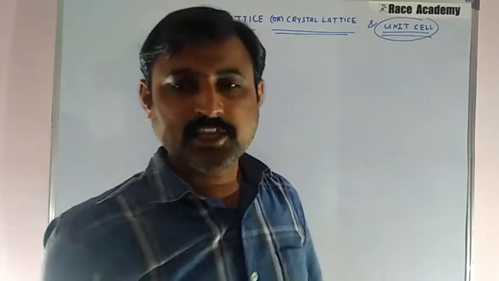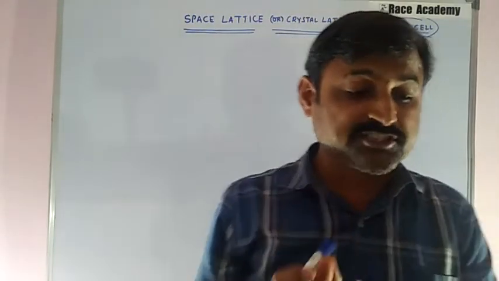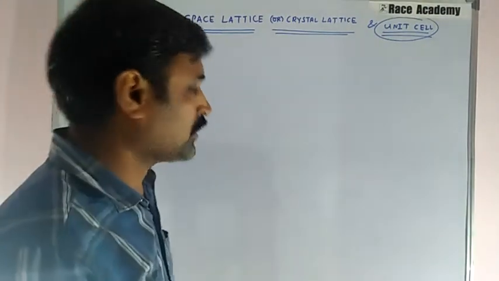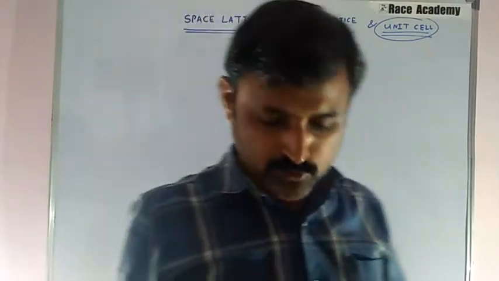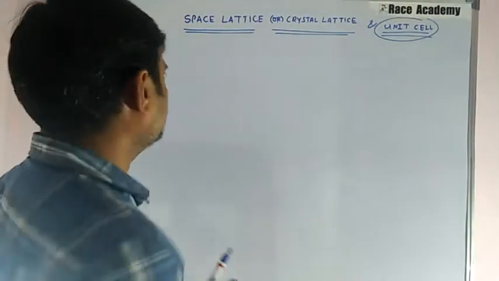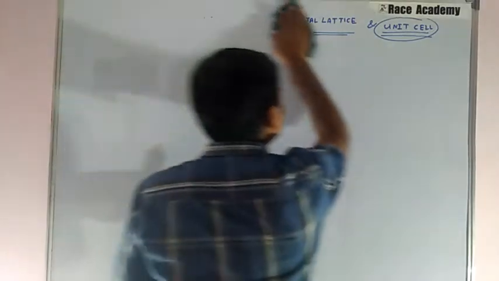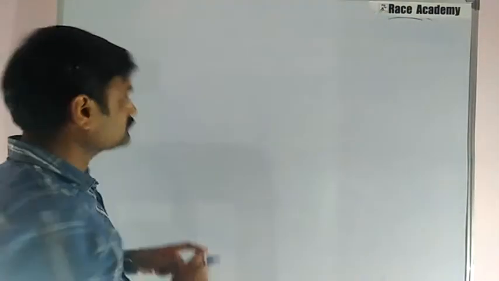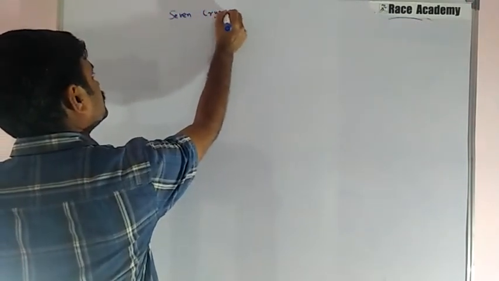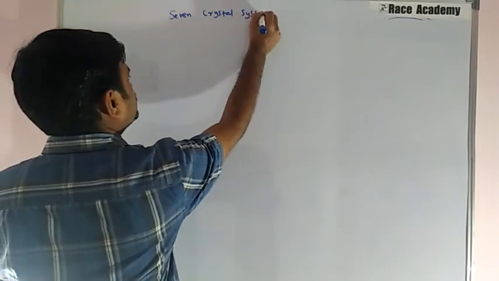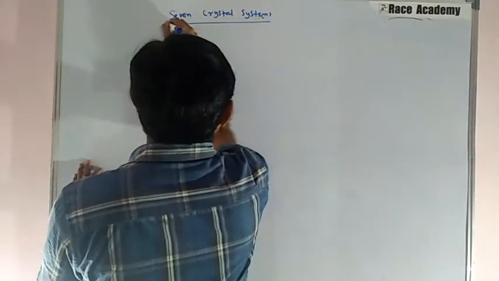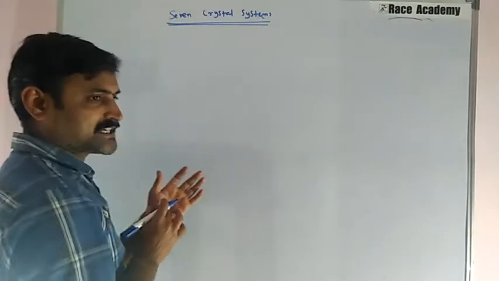So these are 7 primitive unit cells and their possible variations, which we will see in the tabular column. Before observing the tabular column, I will give you a small idea about how to write that tabular column. Seven crystal systems. What are the 7 crystal systems?